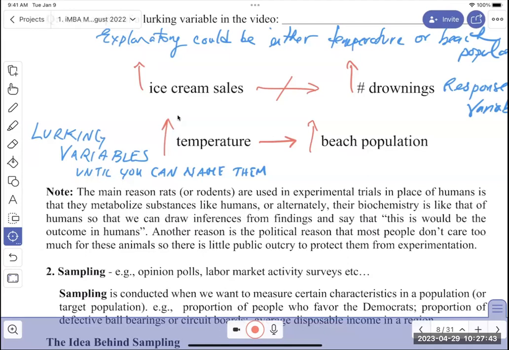And in fact, I should tell you that they don't just go out and pick rodents off the street, right? They're actually genetically engineered. So they have rats or mice for a particular cancer study. They actually engineer them so that they have cancer, or they breed them in a way so that they're all identical.